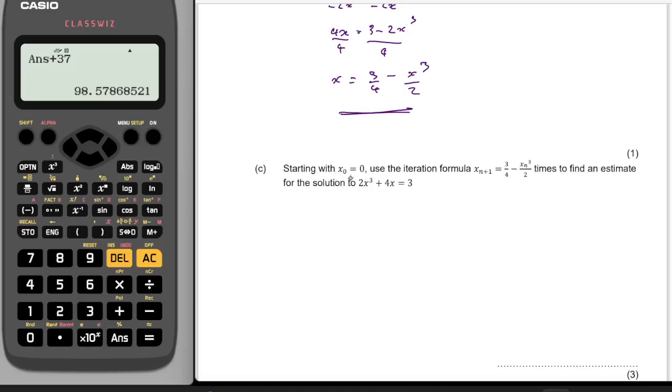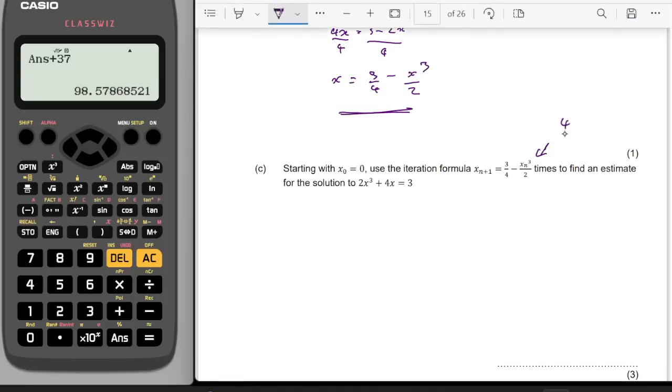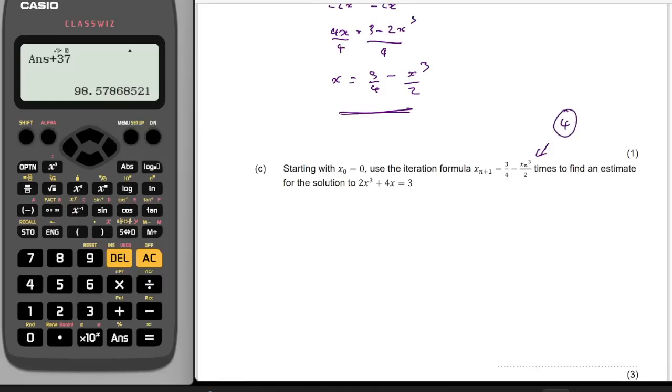So start with x is equal to 0, use the iterative formula a number of times, and there should be a value there. It's normally 3 or 4 times. We'll say 4 times, although I would imagine it was less than 4. At A level you can say to an approximate degree, but we're not going to do that. We're going to do it 4 times.